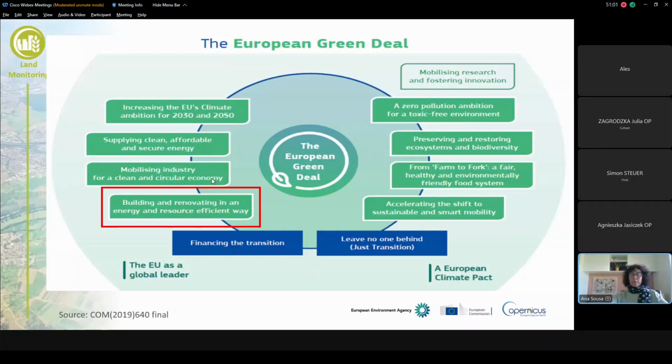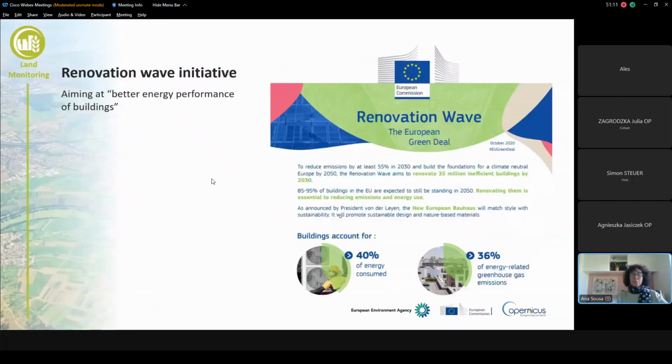But one of them is the aim to have renovated and energy efficient buildings. This is known as the Renovation Wave, aiming at the better energy performance of buildings. Maybe Urban Atlas, together with the other sources, can have a role to support efficient building and renovating.